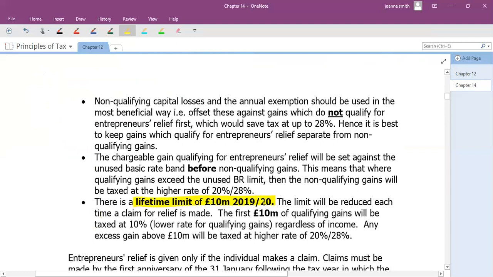So it's not an annual limit of 10 million, it's a lifetime limit of that individual. So once they've sold gains that exceed 10 million, then that means they won't get this entrepreneurs relief, even if it were a qualifying asset, and it would just be taxed at the rate that is applicable to that gain situation.